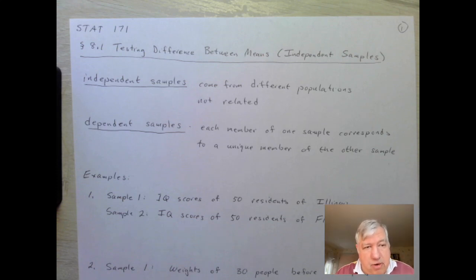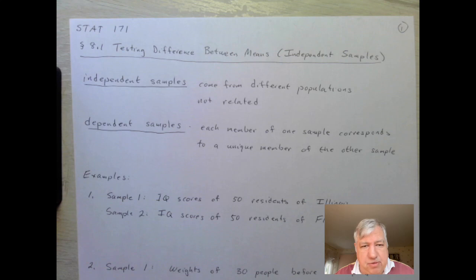Let me just tell you, independent samples come from different populations, with different means and different standard deviations, and these samples are not related, so there shouldn't be any connection between the two of them, and they might have different sizes. Dependent samples are quite different.